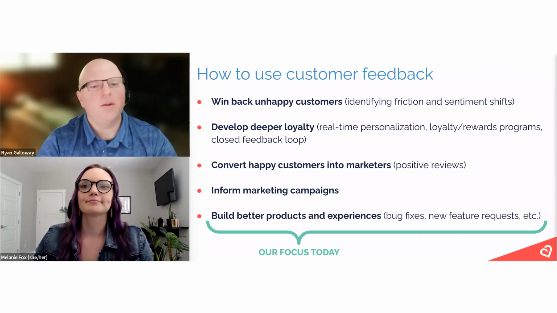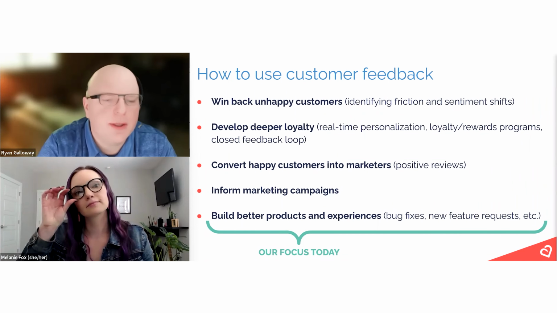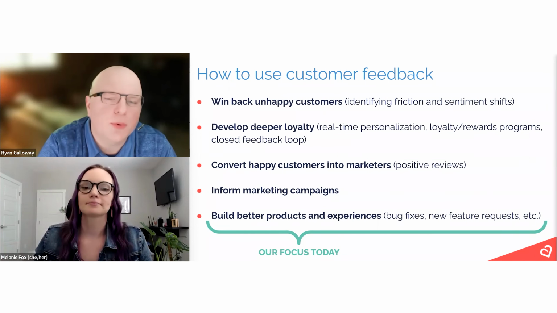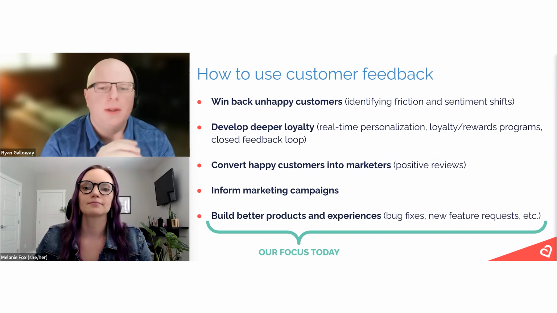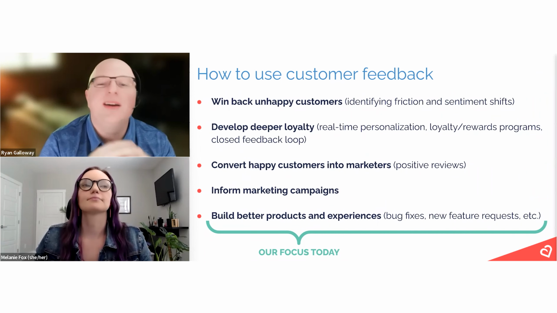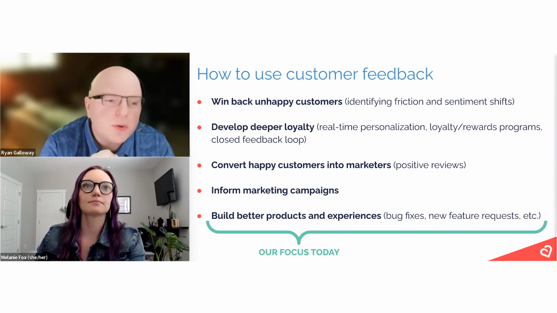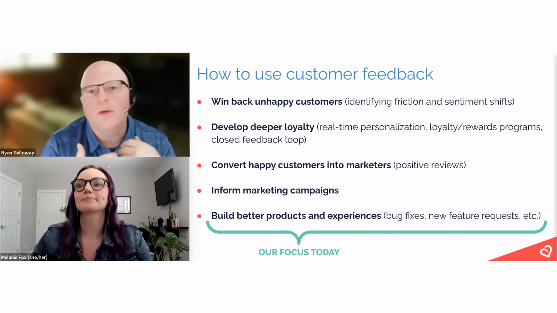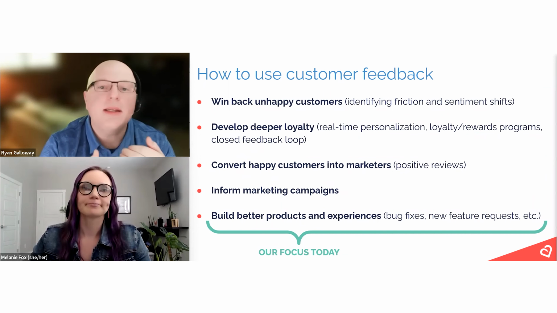So now that we've set a little bit of the context and the challenge, let's talk about how we're seeing brands utilizing feedback today. Number one, winning back unhappy customers. So this is churn reduction, right? When you understand customer sentiment on an individual level, you can quickly survey those whose sentiment might be negative, right?